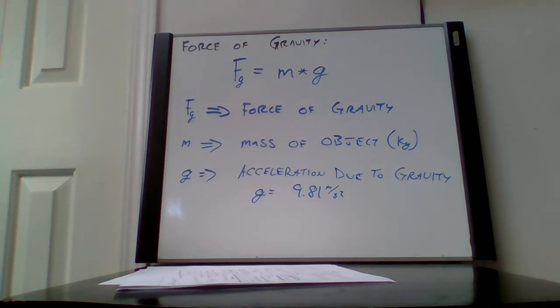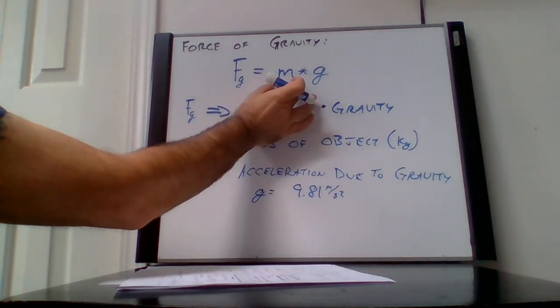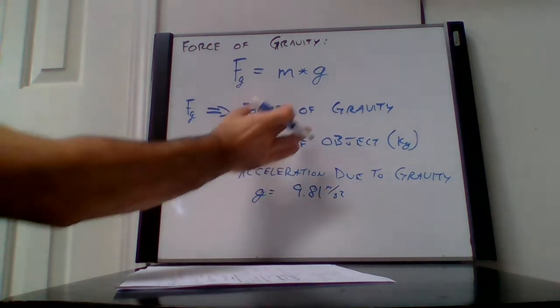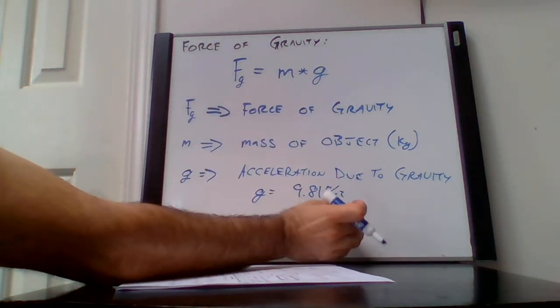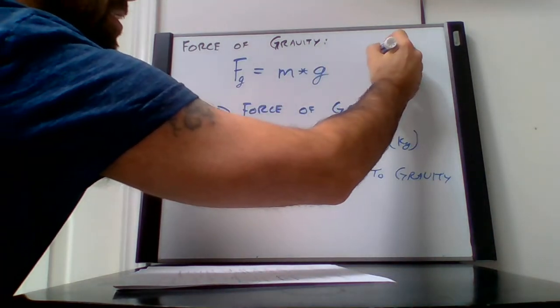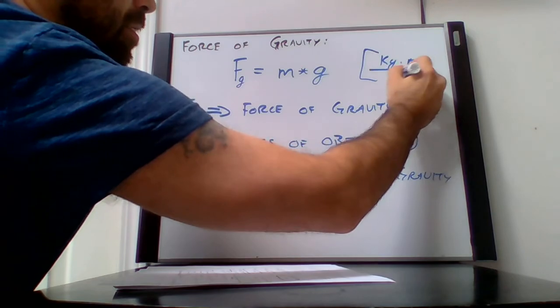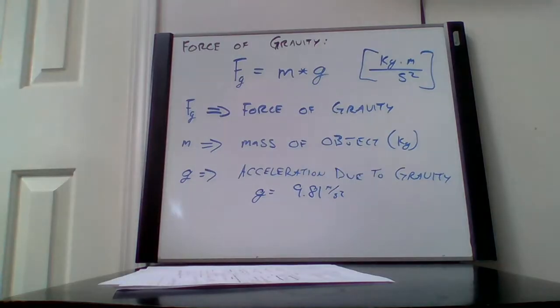Direction depends on you. And so when we were talking about our force previously, and we said that newtons were kilograms times meters per second squared, well, this is why. If we're taking mass times gravity, and gravity has units of meters per second squared, and mass has units of kilograms, this gives us kilograms times meters per second squared as the units for force, or for newtons.